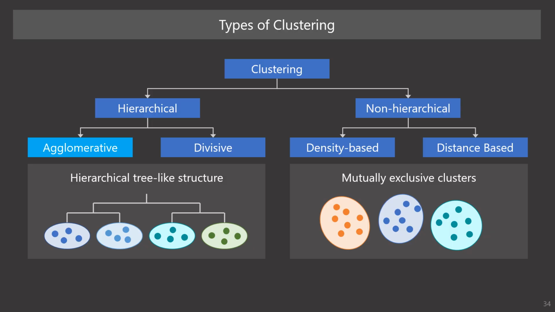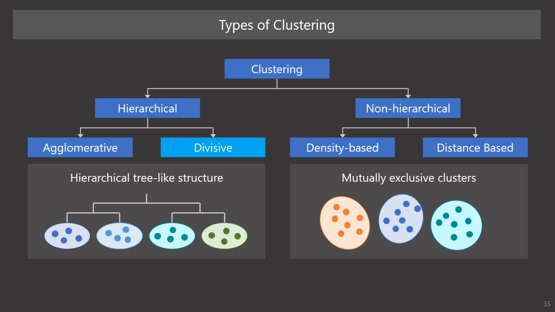Agglomerative clustering is a bottom-up approach. First, each observation consists of a cluster with only one observation. Then, multiple clusters, that is, multiple observations, are merged into broader clusters. These clustering processes move up, forming a tree-like hierarchy.